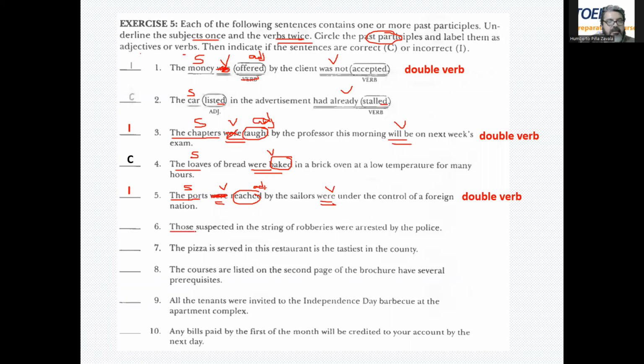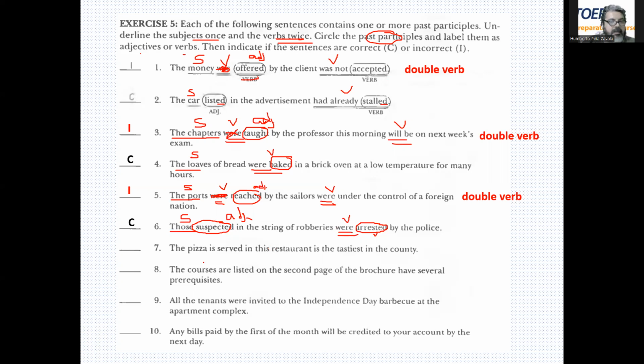Okay. Those suspected in the string of robberies were arrested by the police. Right, so we've got the subject, we've got the verb. This is an adjective. This is part of the verb. That's correct. Yes. They were arrested by the police.